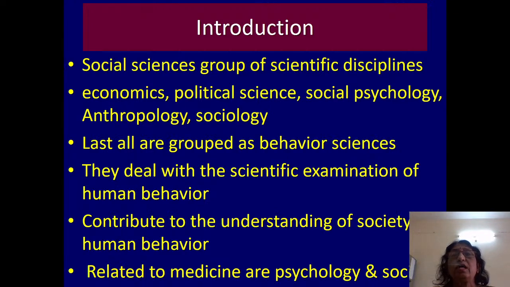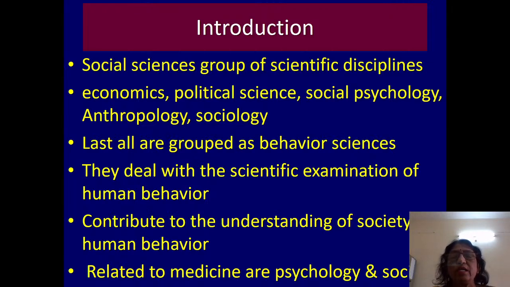So that is anthropology. So now you all know that social sciences is a very broad discipline which deals with all these things, and it is grouped as behavior sciences, and they deal with the scientific examination of human behavior. Human behavior is very much important in relation to our health and disease.